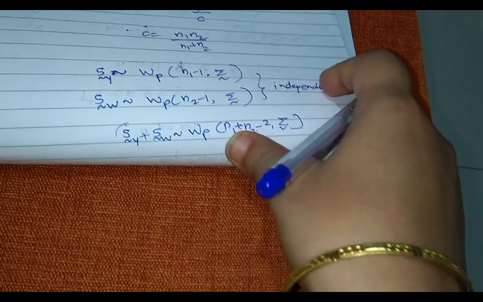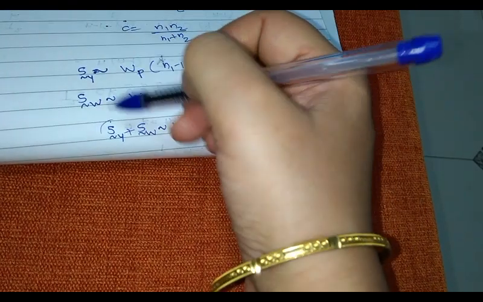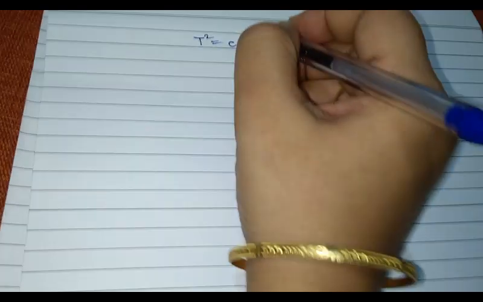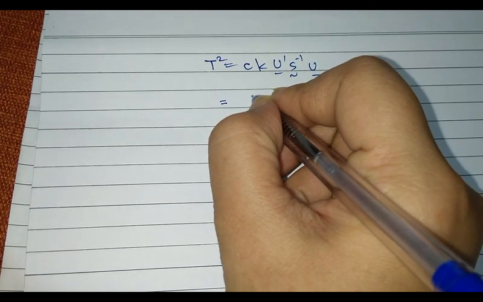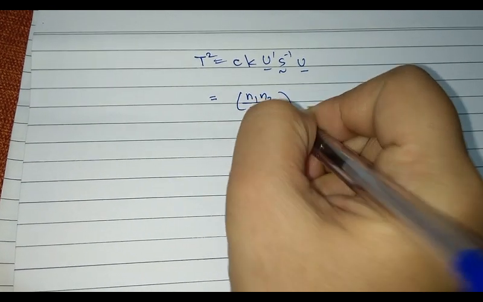So I now know C, I know K, I know S. My S is actually SY plus SW. So let us write down the statistic. My form of the statistic is CK U prime S inverse U. We know my C is N1 N2 upon N1 plus N2.